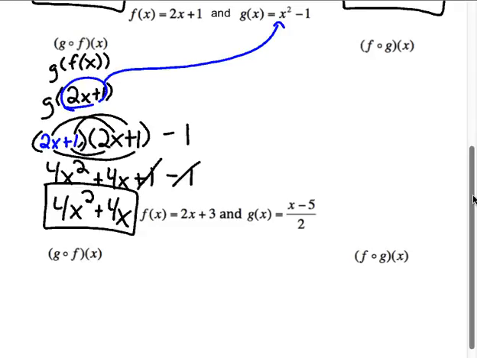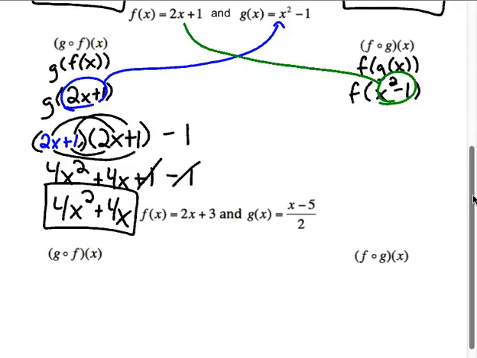So let's do this one, f of g of x. Again, this time we're starting in the middle. So g of x is x squared minus 1. Now I'm going to plug that in wherever I see x.